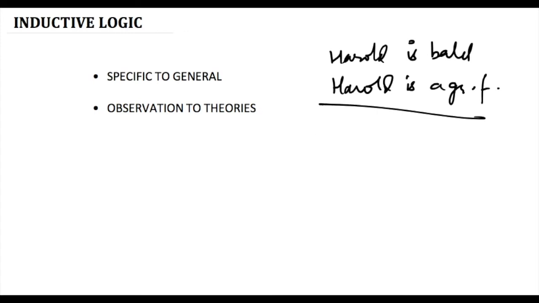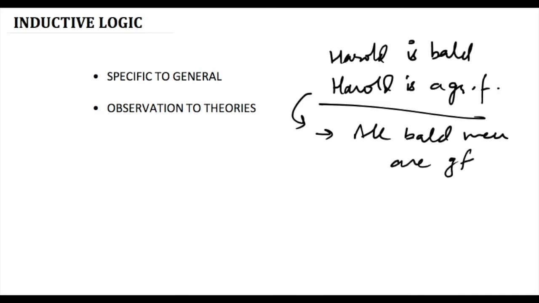So a general statement which can be made from these two statements can be that all bald men are grandfathers. This is not a very exact or accurate example, but it shows that we are moving from specific observations to general statements. So this is inductive logic.